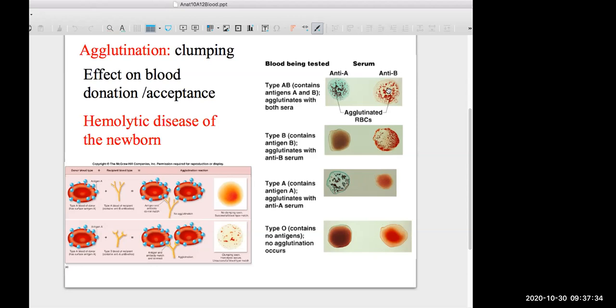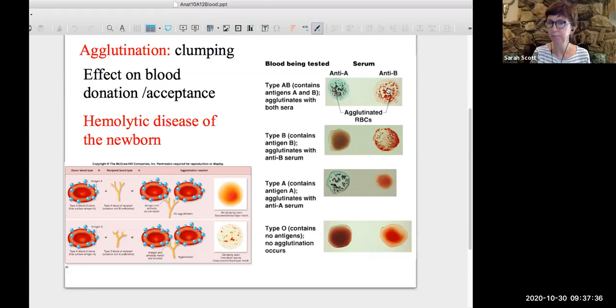B. This time we're looking for B. So we see agglutination, and that tells us this blood type has both the antigen for A and the antigen for B. Okay, and if your blood type is O, you have neither. If your blood type is B, you have no A, but you do have B. And if your blood type is A, then you have A, but no B.